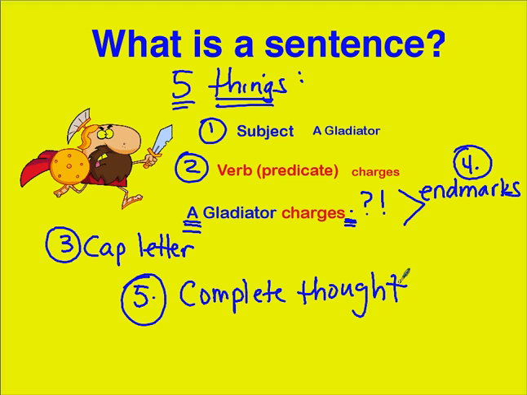It can't have unanswered questions or leave the reader confused. So far, we have a subject, a gladiator, a verb or predicate, charges. We have a capital letter. We have an end mark, which can include a period, question mark, or exclamation point, and we have a complete thought. Those are the 5 components of a sentence.